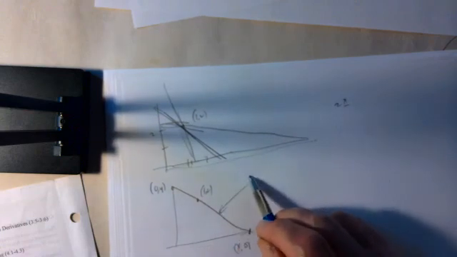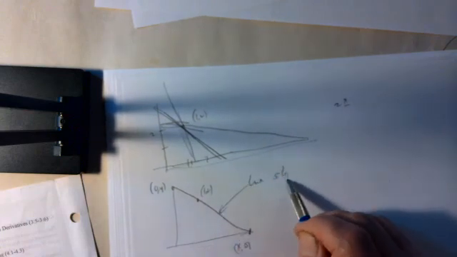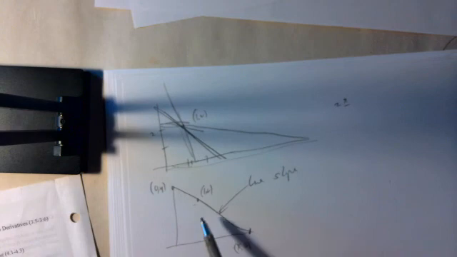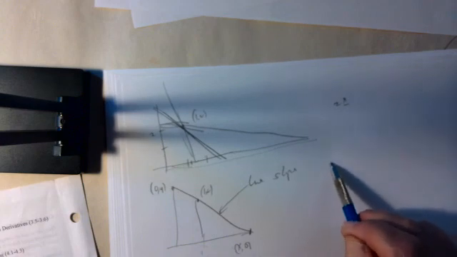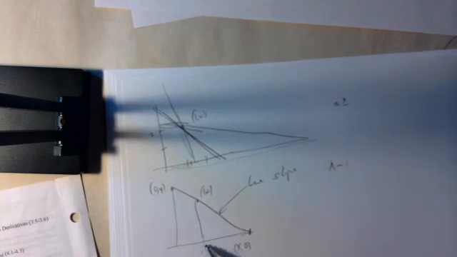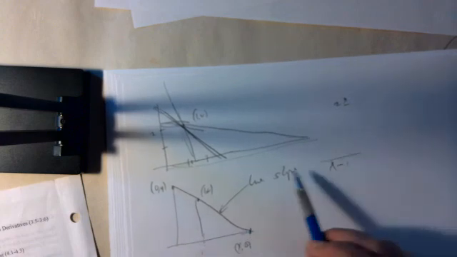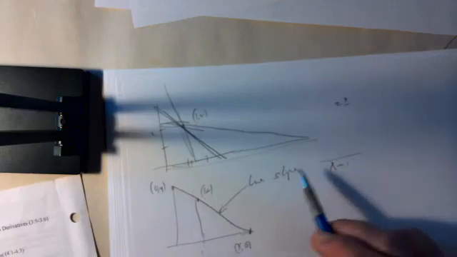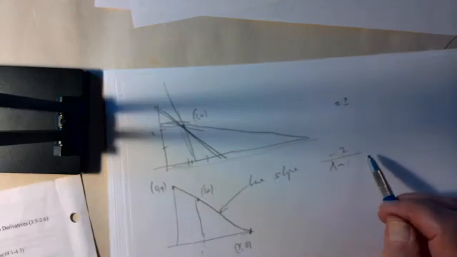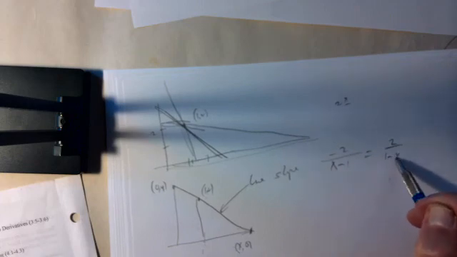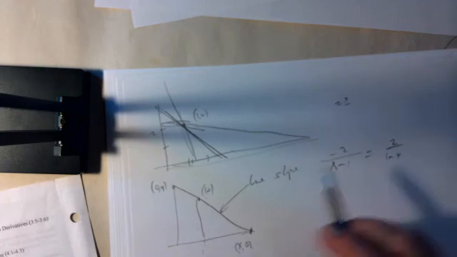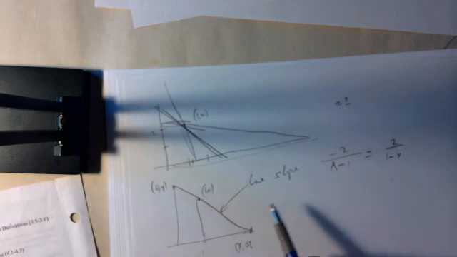So this line has slope, as you go from 1 to x, x minus 1 is the run, and the rise is from 2 down to 0, which is minus 2. So it's minus 2 over x minus 1, or 2 over 1 minus x. So that's the slope of this line.